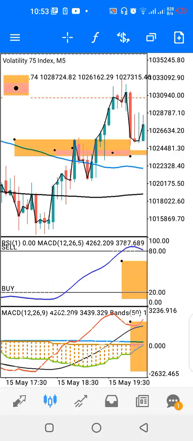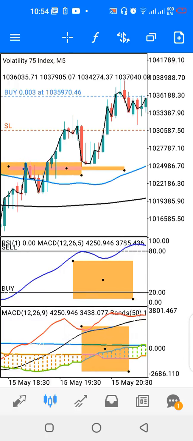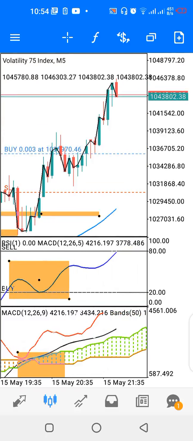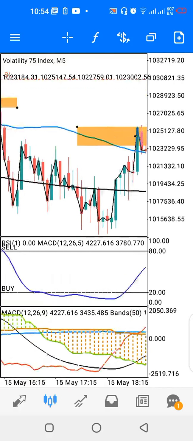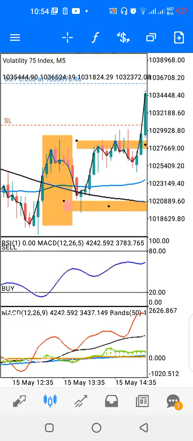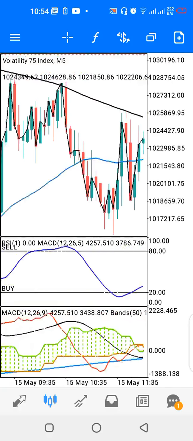As you ride along with the trend and make some profit, you are expected to trail your profit with your stop loss. If you continue to trail your profit with your stop loss, you continue to ride along with the trend. So that's basically how to use the moving averages on the main chart.